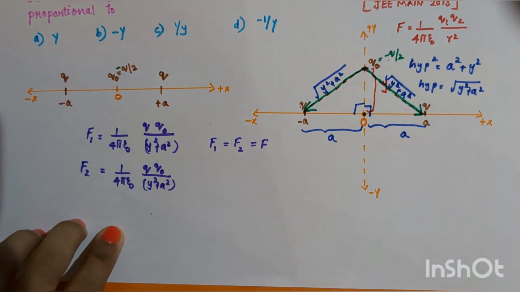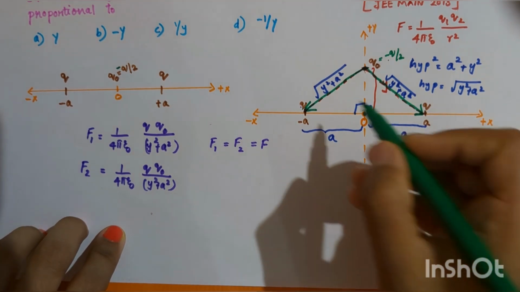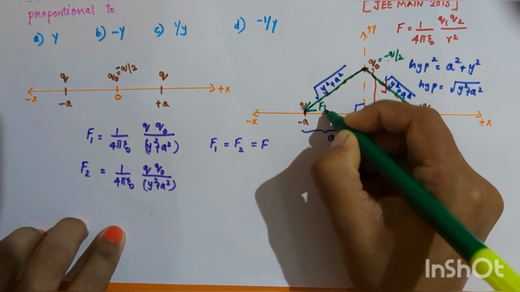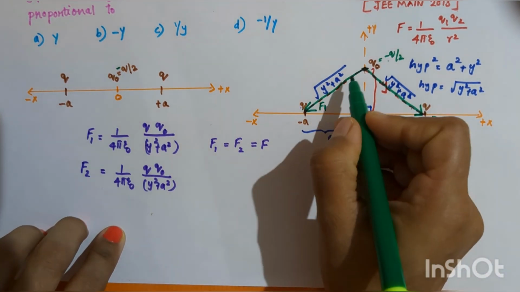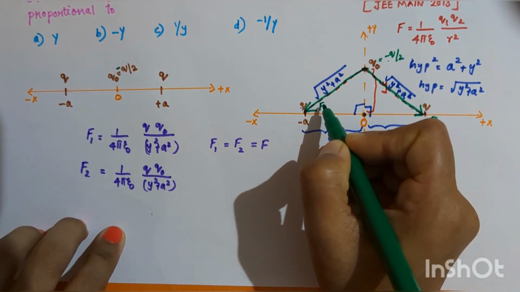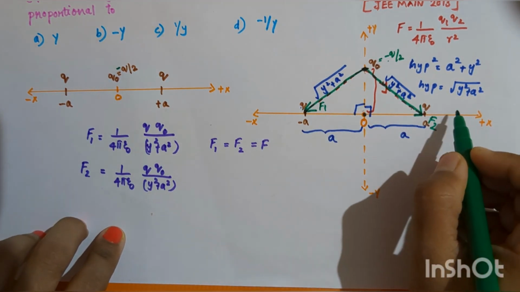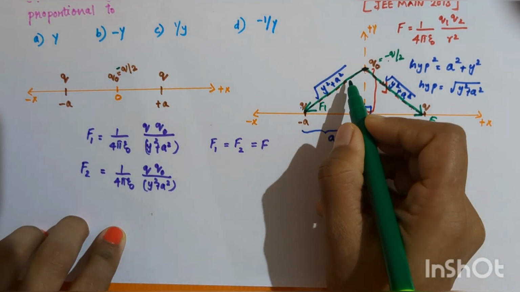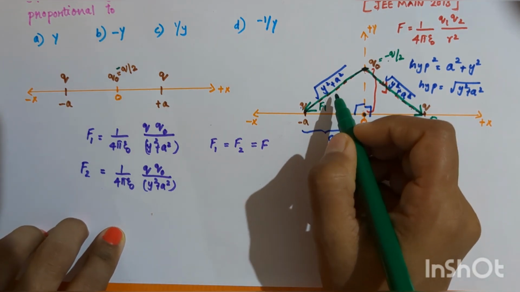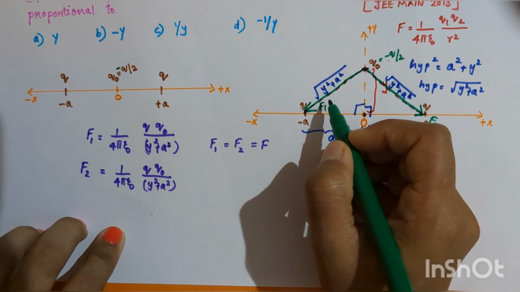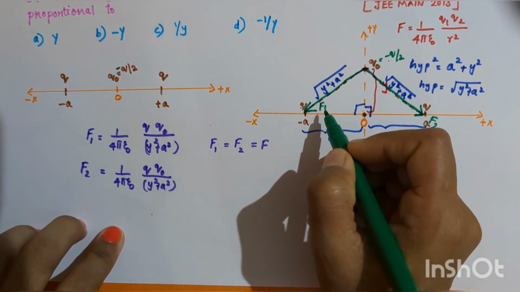Okay, so what about the net direction? See, we already know that here this force is F1, this force is F2. So when we consider this force F1, this is the y-axis, this is the x-axis. This F1 force is not just along the x-axis or just along the y-axis. We have already learned in 11th standard that we can split this, or make it into components, right?